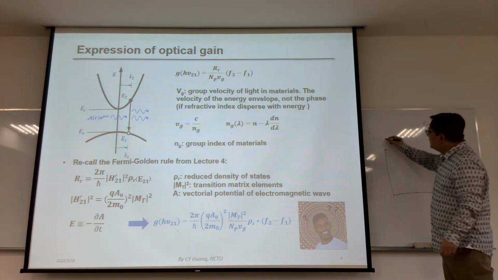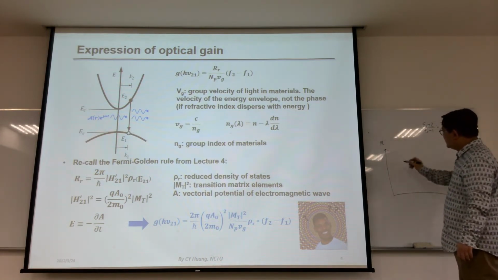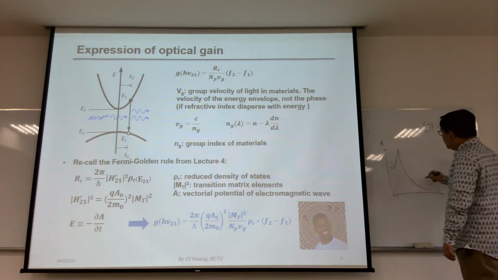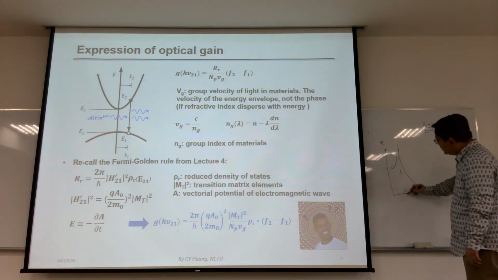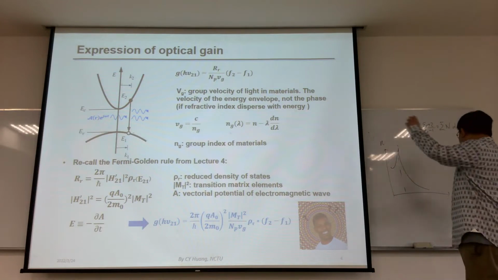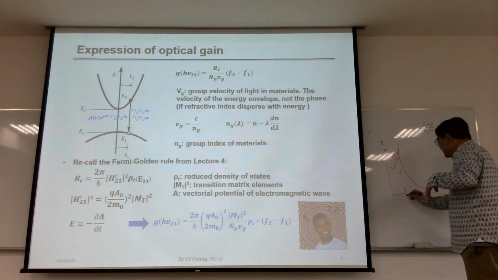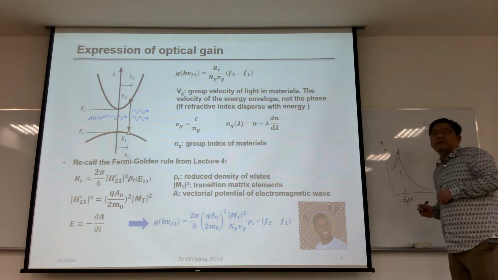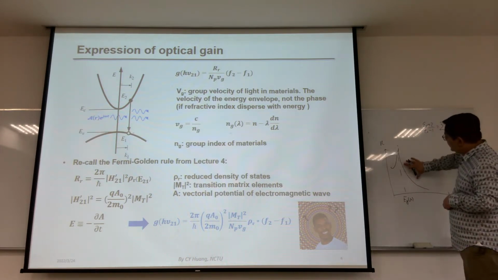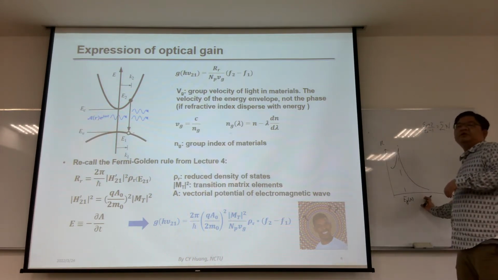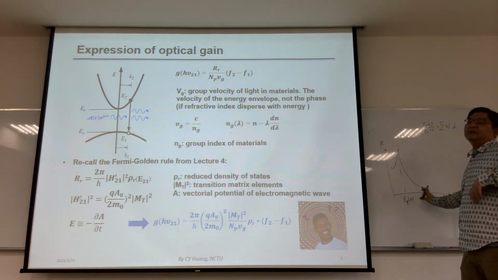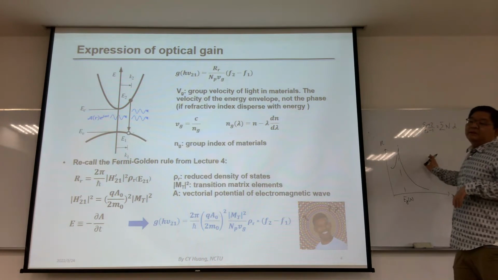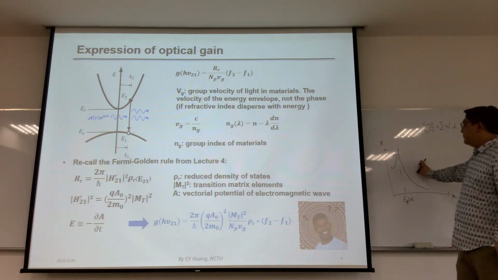So for the refractive index, the wavelength dependence is usually plotted like this. The highest position is the band gap, in lambda. So we are dealing with the transparent part, where the light is longer than its band gap wavelength, or else the light will be absorbed.